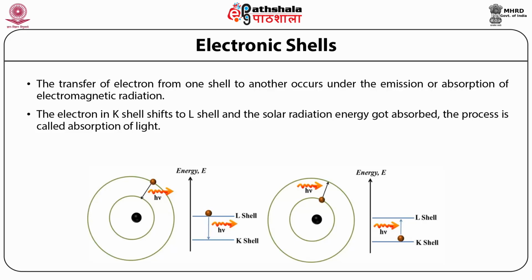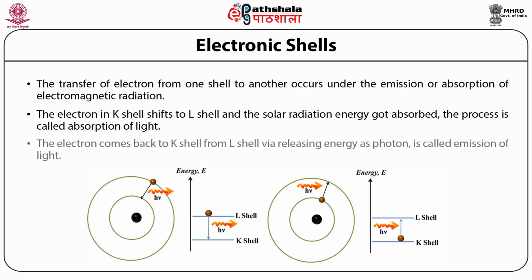This process is called the absorption of light and is shown on the right side of the figure. Conversely, when the electron comes back to the K shell from the L shell by releasing energy as a photon, this process is called the emission of light, which is shown on the left hand side of the figure.